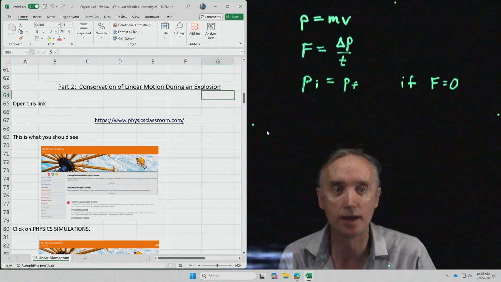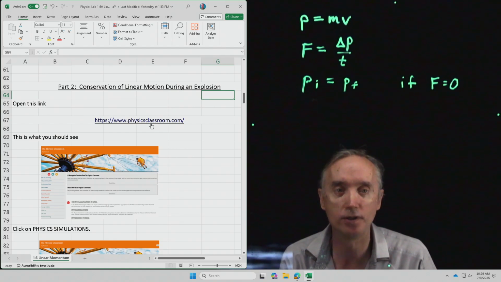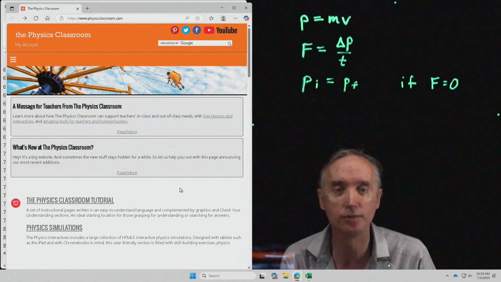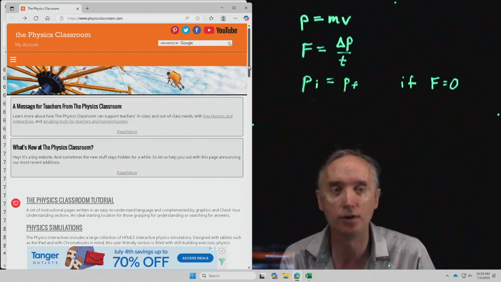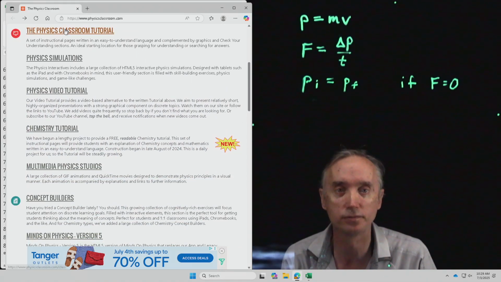Now we're going to apply that to an explosion, but don't get your hopes up, it's not that big of an explosion. So we're going to click on the Physics Classroom, and I wanted to show you all the different features of this website. When you click on it, you'll notice that you can do tutorials over different aspects of physics.